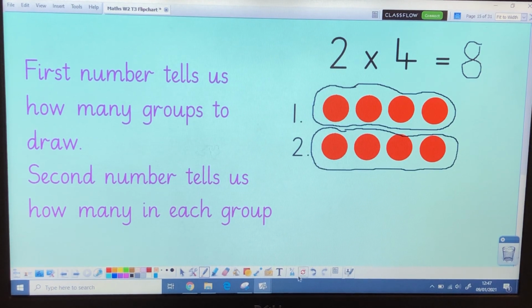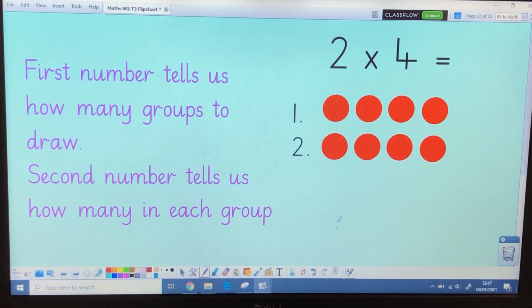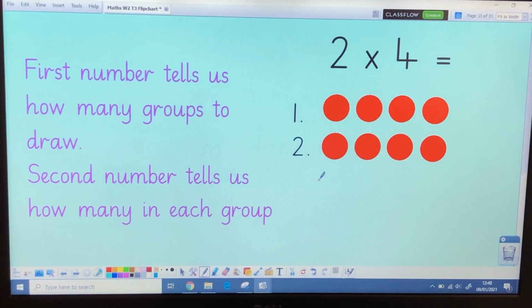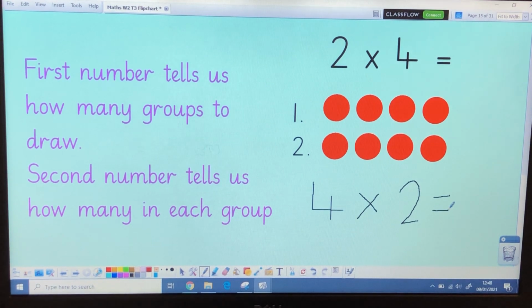Okay, I'm just going to get rid of that for a second, because this array also shows a different multiplication sum using the same 2 numbers we've got up here. And I'm going to show you why now. So we've got our 2 groups here, but if we flip this multiplication sum around, if I said 4 times 2, I am going to show how this array shows this multiplication sum as well.